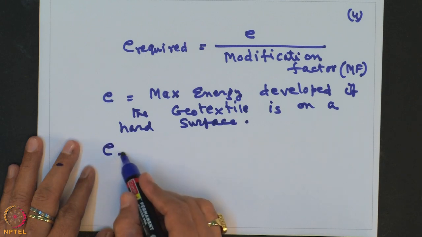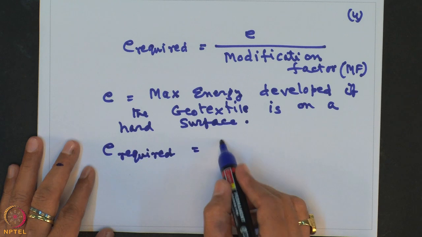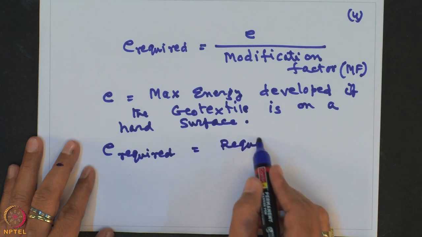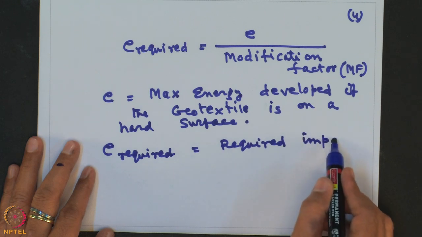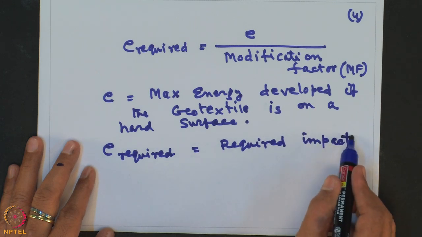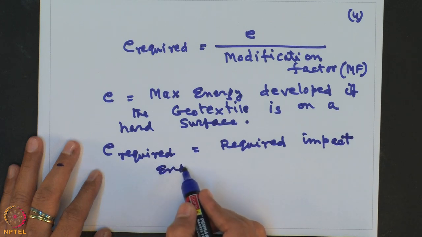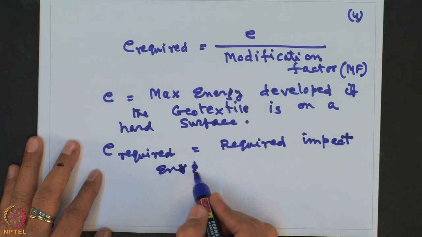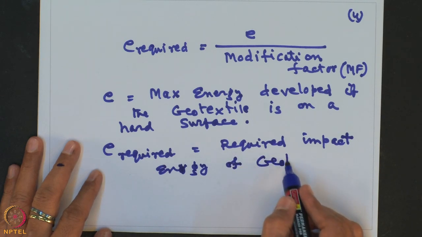Then E required is the required impact energy of the geotextile.